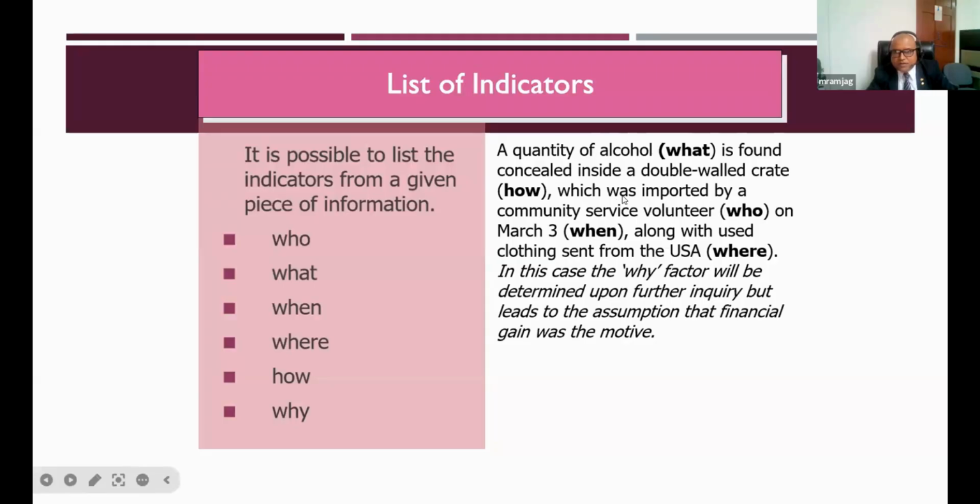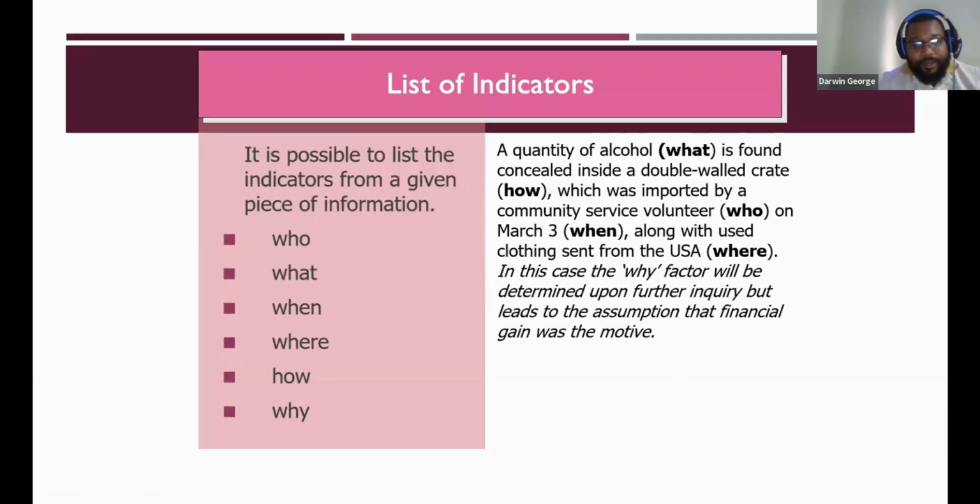Can someone read the first 3 lines, please? Quantity of alcohol is found concealed inside a double wall crate, which was imported by a community service volunteer. Thank you very much. Excellent.